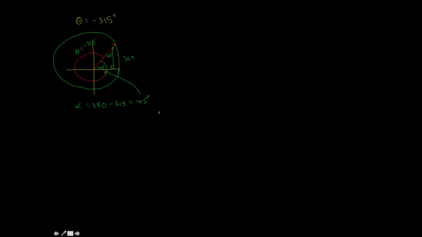So, with these reference triangles, well, let's not get ahead of ourselves. Let's try another one. Let's let theta, let's keep this in radian form, be negative pi over 4. Negative pi over 4.